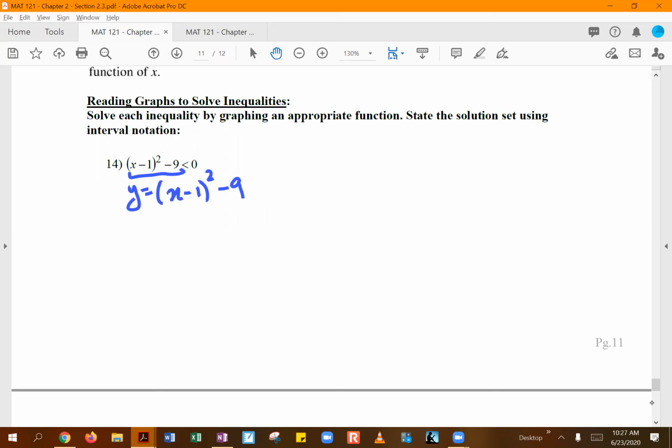You can use a table, or you can use transformations, because your base function is the x squared function. If you remove that minus 1 and minus 9, what you have is x squared, which is being moved 1 unit to the right, because x minus 1 tells us the graph is moving 1 unit to the right, and this minus 9 tells us we are moving 9 units down.